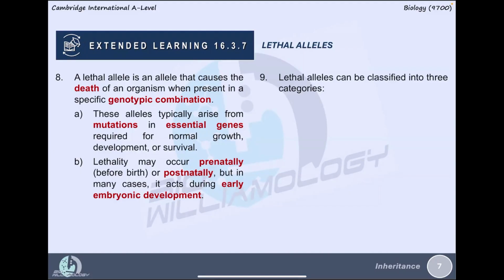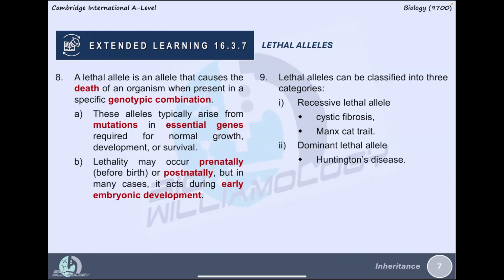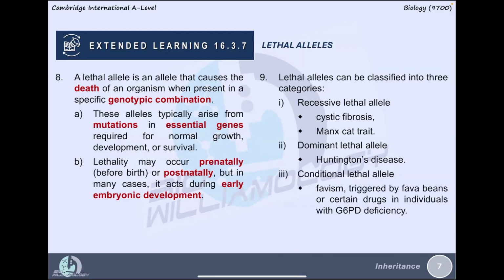Lethal alleles can be classified into three categories. Recessive lethal alleles, with examples such as cystic fibrosis and the Manx cat trait. Manx cats are basically cats without tails. Dominant lethal alleles, such as Huntington's disease. And conditional lethal alleles. Basically, the person may be normal unless it is triggered by a certain condition.